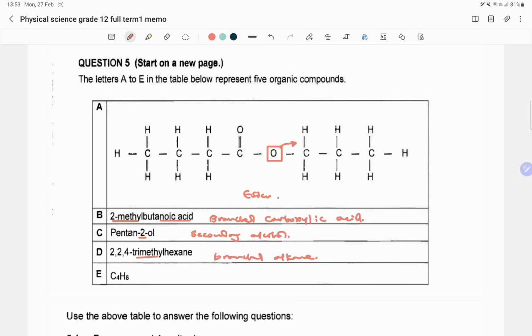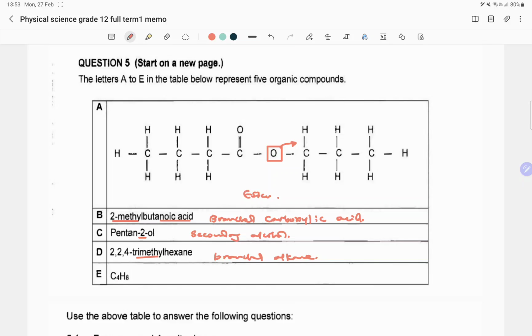A branched alkane compared to a straight chain alkane of the same molecular mass, they will actually have different boiling points. All right. That is the essence of this. And then also with the carboxylic acid, if it is branched compared to its straight chain counterpart, meaning its isomer, they will have different boiling points as a result.